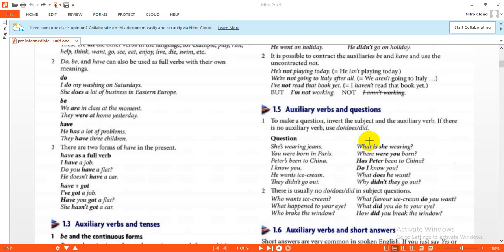To make a question, invert the subject and the auxiliary verb. عندما نريد أن ننشئ question جملة سؤال invert the subject and the auxiliary verb.